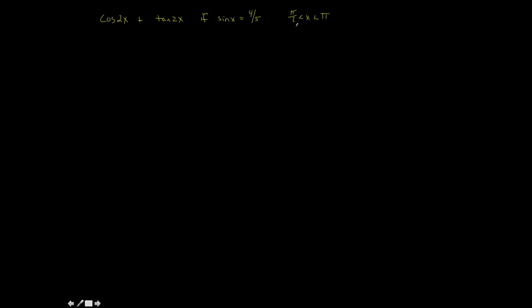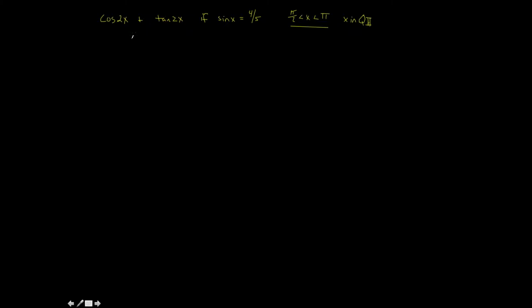Now don't let this right here confuse you. What is that telling you? X is in quadrant 2. Okay? X is in quadrant 2. That's just a different way of writing it, so don't let that confuse you.